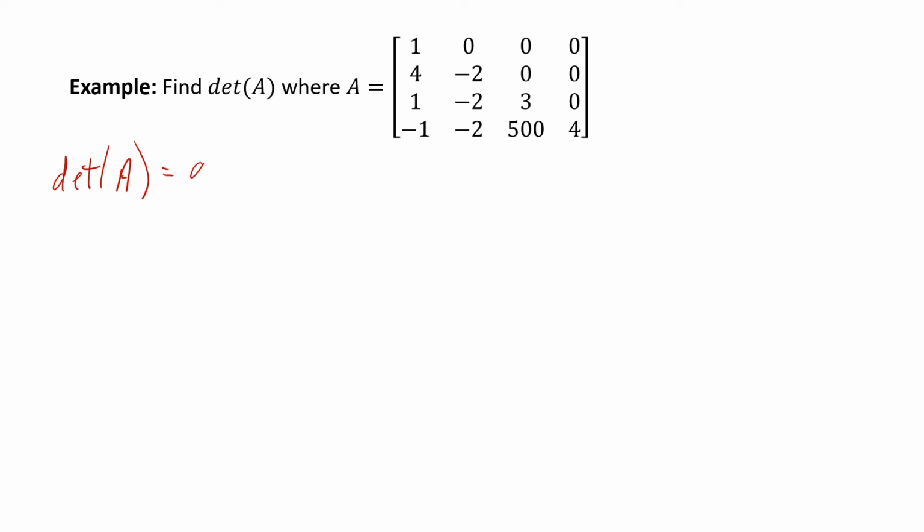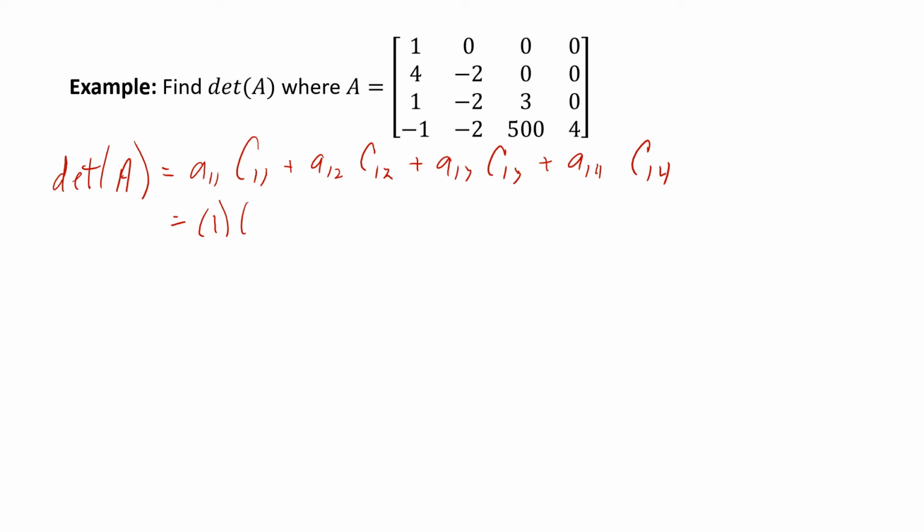That's equal to A11 times C11 plus A12 times C12 plus A13 times C13 plus A14 times C14. So what's that equal to? Well, A11, that's the first number in the row. That's equal to 1. C11, what's that equal to?